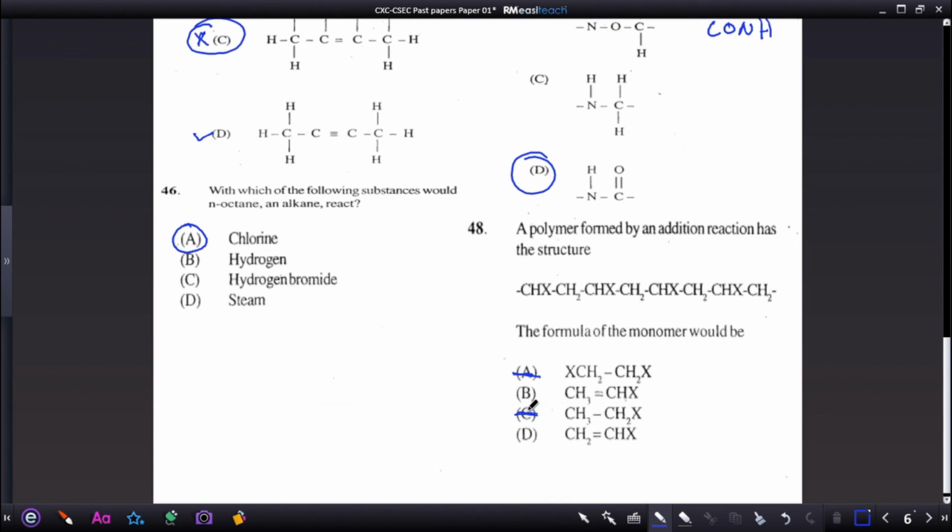Now, is it B or D? B, the carbon atom here is showing 5 bonds, right? 3 carbon bonded to 3 hydrogens, so that's 3 bonds plus the double bond, which is 5. So this is out of it. So the answer is D.